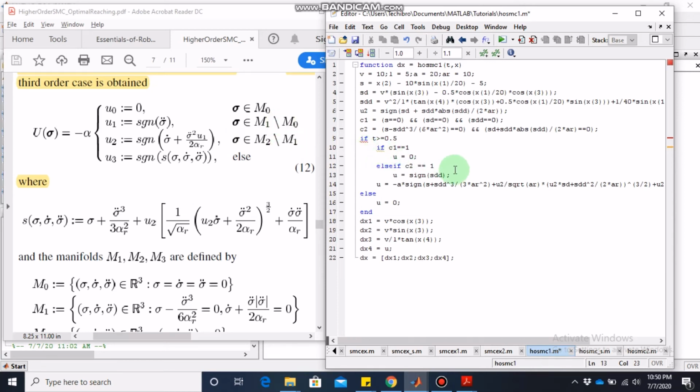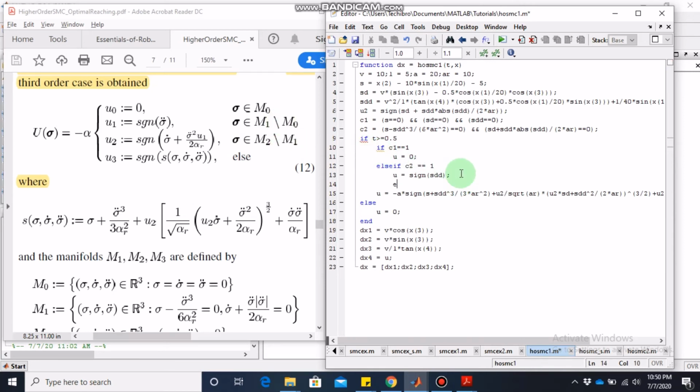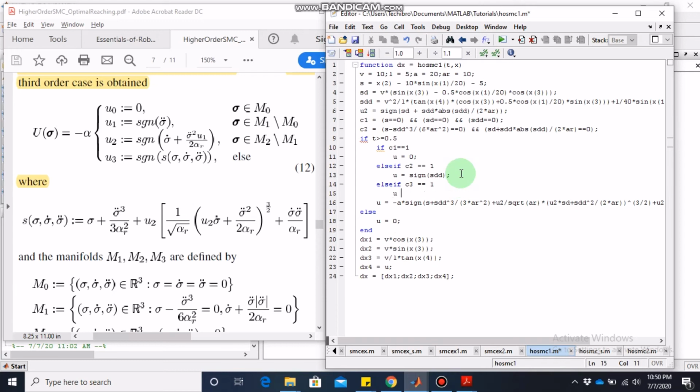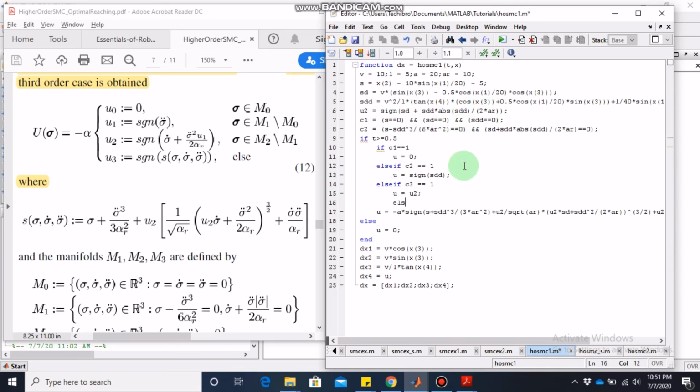So we use else if C3 is equal to 1, then the control U will be equal to U2, and we have already defined this U2 up here in the code, so we don't have to redefine it, but we do have to define our condition C3.